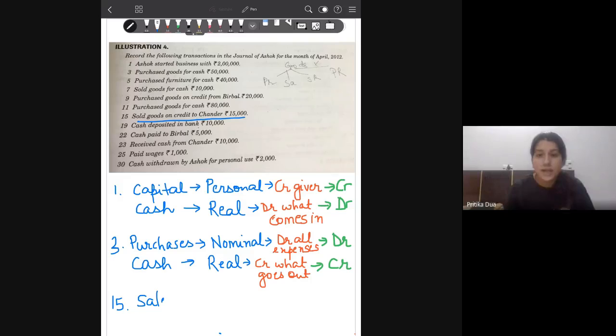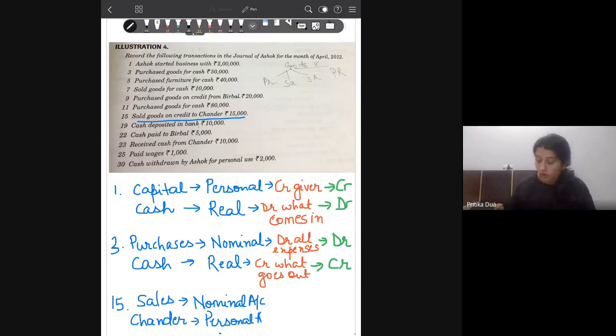Sales are basically income or revenue for the business. So it will come under nominal account. And then Chandar is a debtor for the business. It comes under personal account.